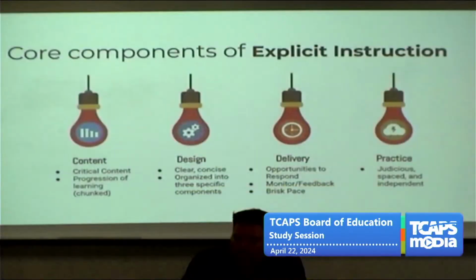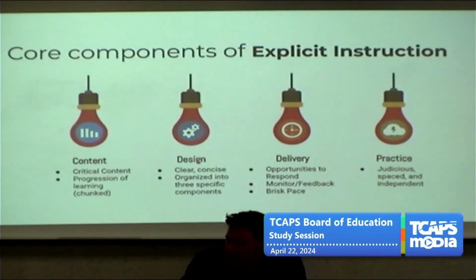And then also chunking that learning so that we're giving kids digestible chunks of information, especially when it's new content, so that they can access the learning and it's not too much to take in at one time. And so then we move into the design process. And so that happens prior to the actual instruction of the lesson.